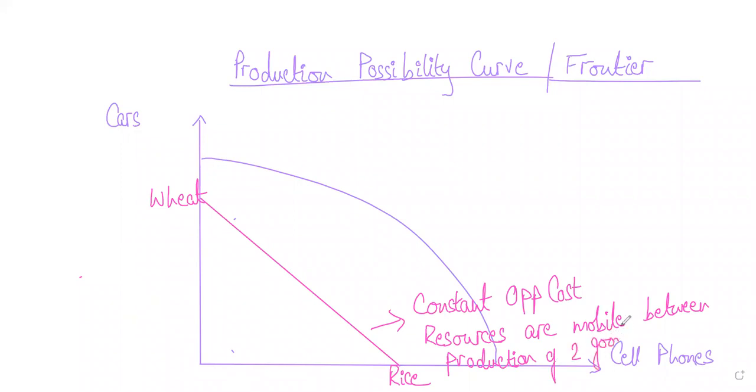So when you have a straight downward sloping PPC, it means that there is constant opportunity cost and these products are related, which means that you can move resources between the production of the two goods. That's what it means basically. Relative costs are also constant. So what do we actually mean by relative cost?